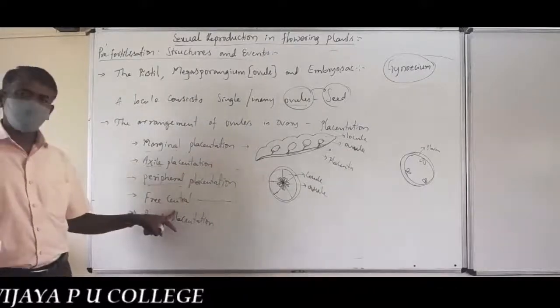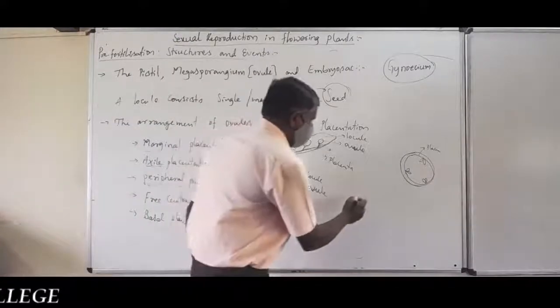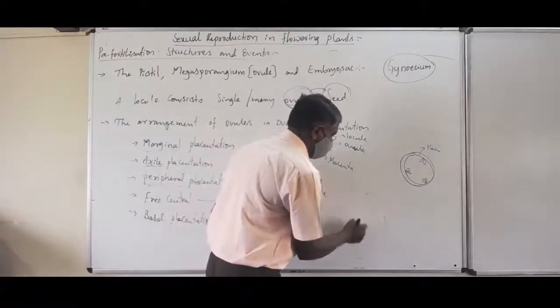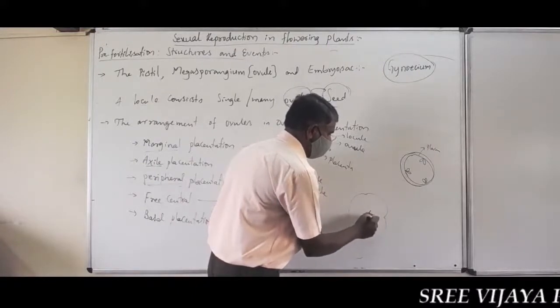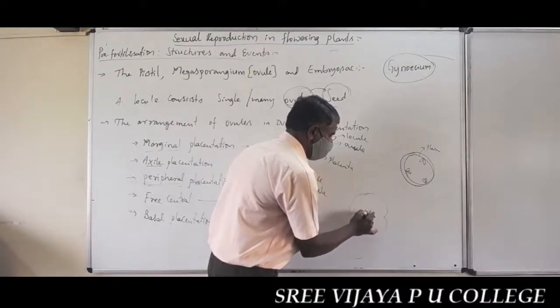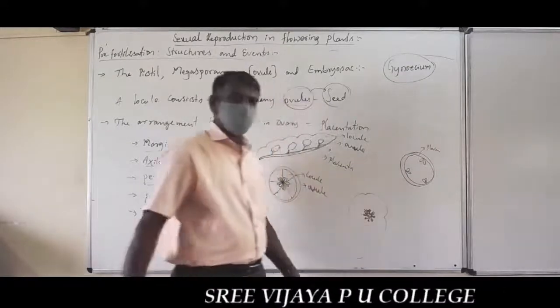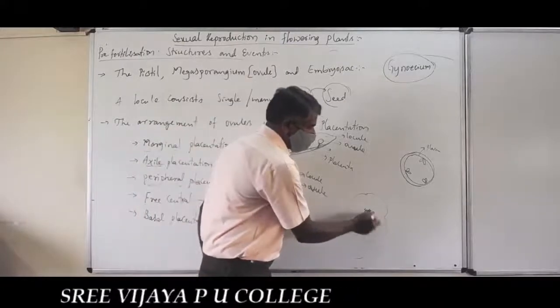In free central placentation, as we see in chili, the placenta is present at the center, but there are no cross walls.